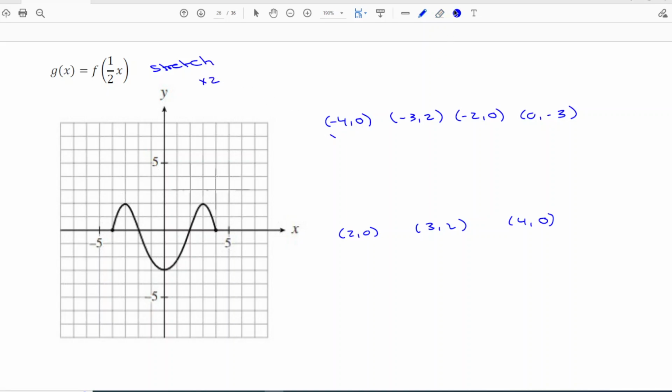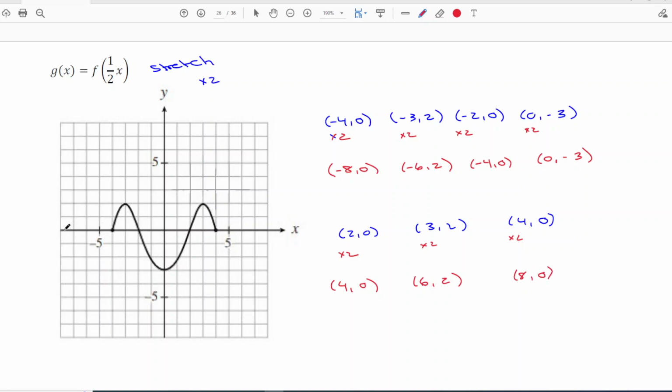I'm going to use a different color this time. So my new points will be (-8, 0), (-6, 2), (-4, 0), (0, -3), (4, 0), (6, 2), and (8, 0).